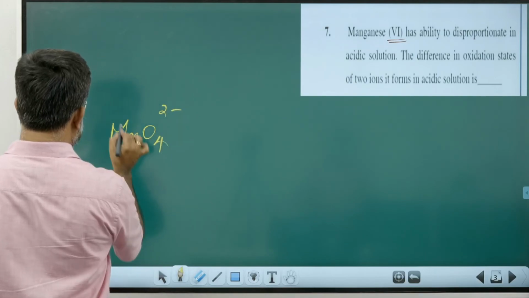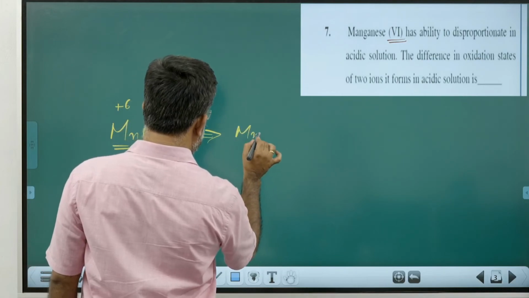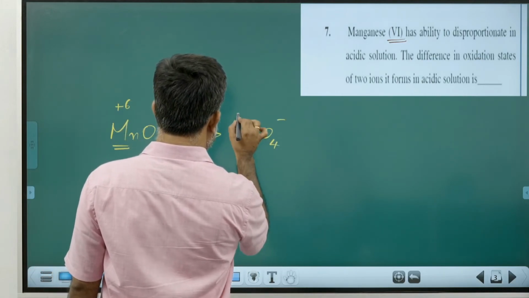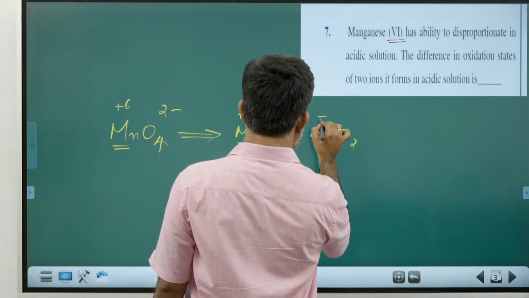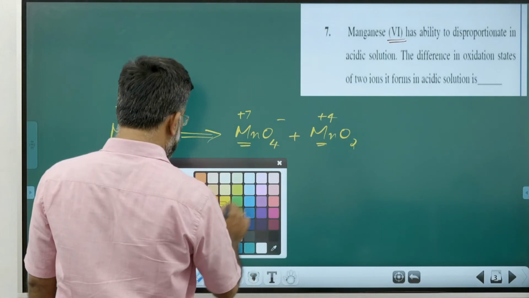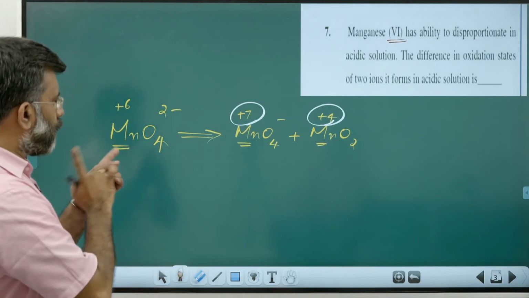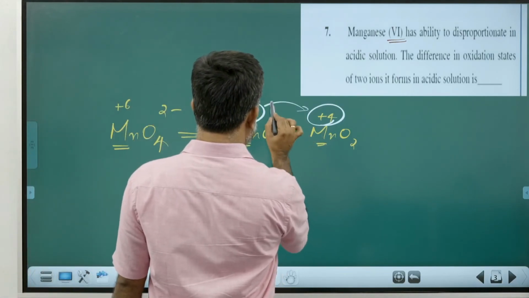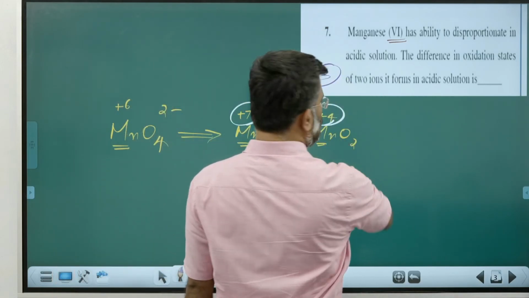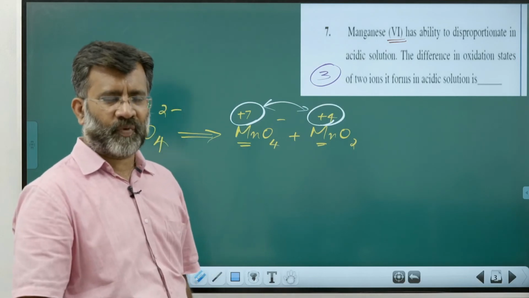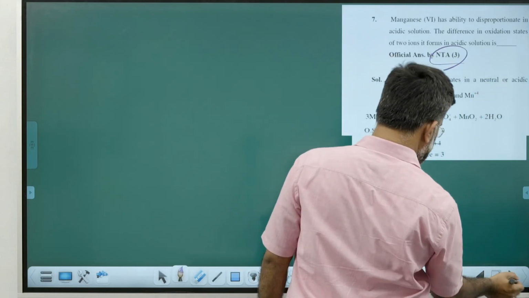MnO4 2 minus, where manganese is plus 6, disproportionates to MnO4 minus, where manganese is plus 7, and MnO2, where manganese is plus 4. So what is the question? The difference in oxidation state on the product side. Plus 7, plus 4. What is the difference? It is 3. Next.